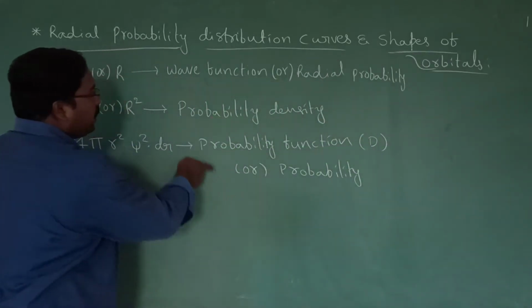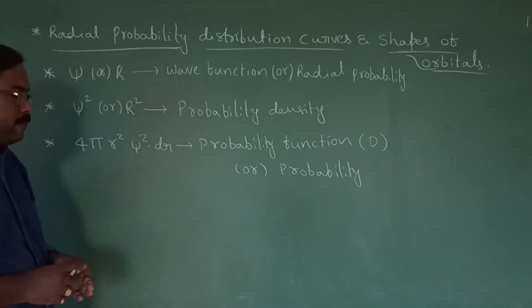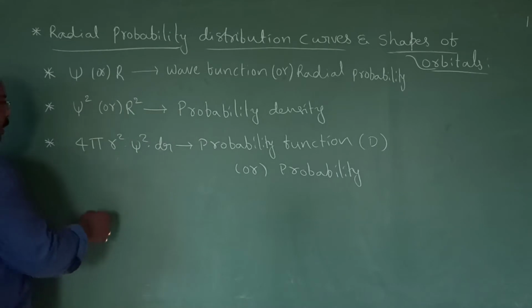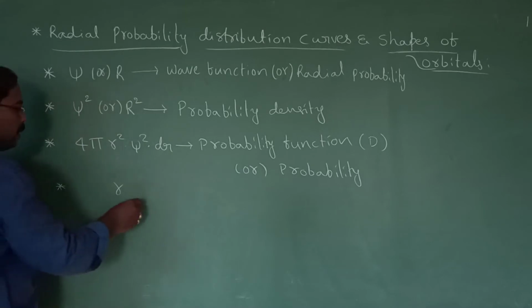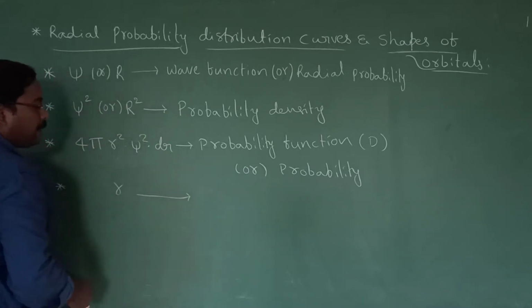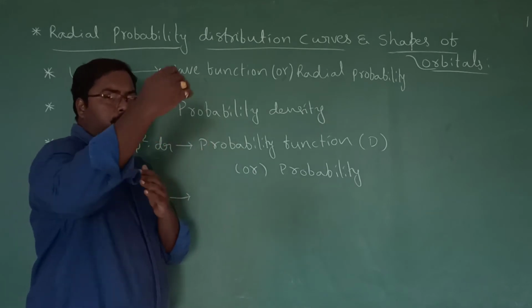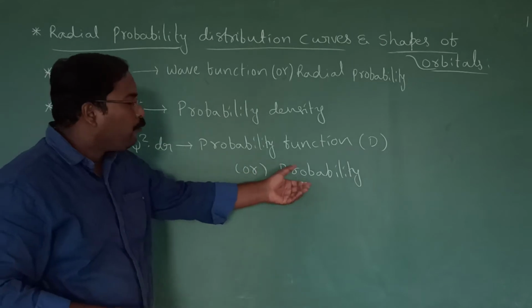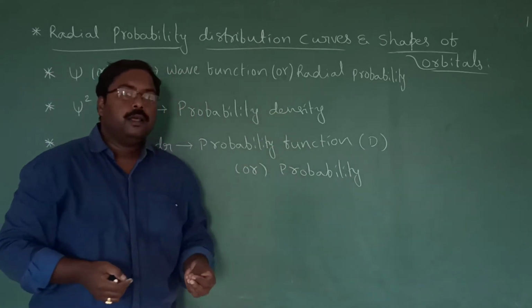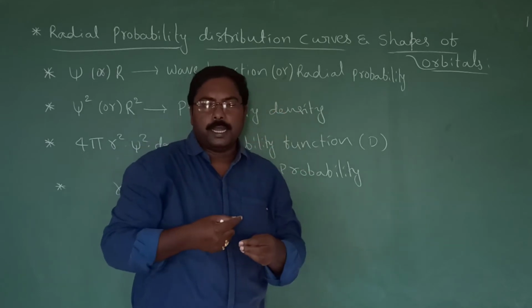Now, what is meant by these three terms? Then we will discuss the graphs. Along with that, let's note down what is meant by small r. Here r represents the distance at which we are going to measure the probability of finding the electron. We know the electron continuously revolves around the nucleus.